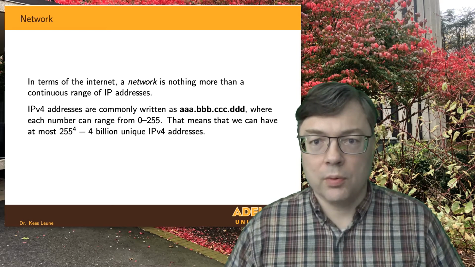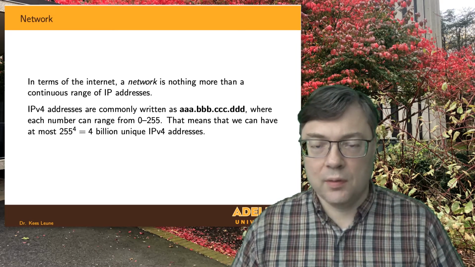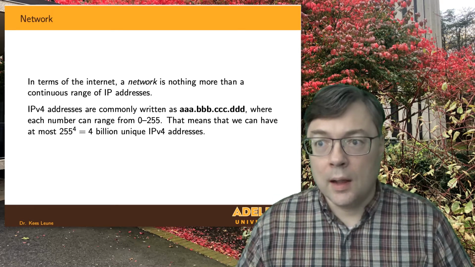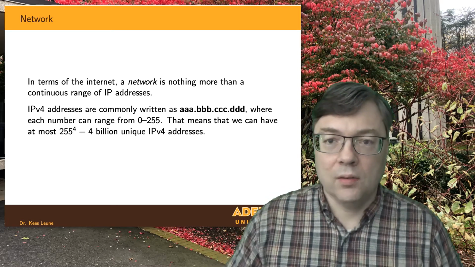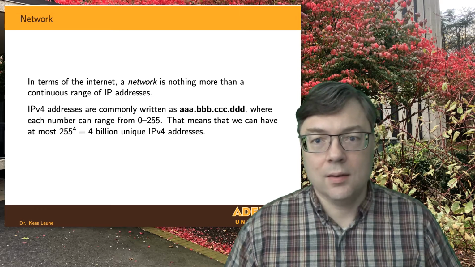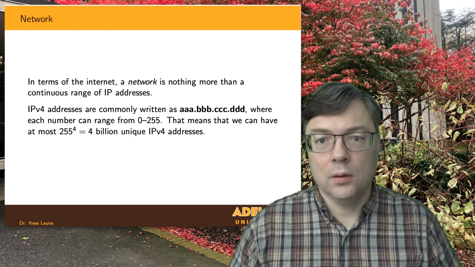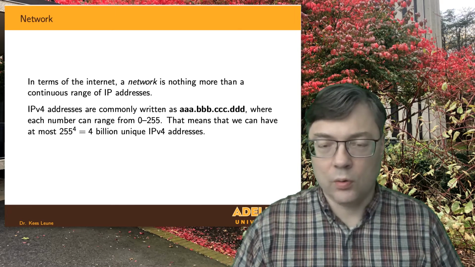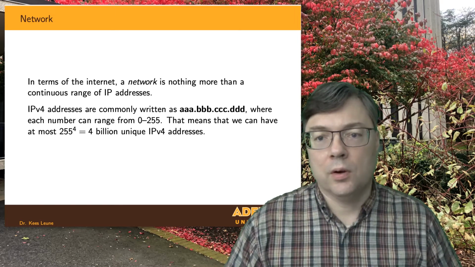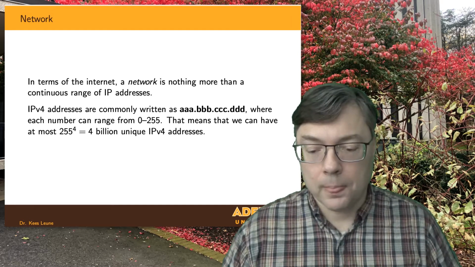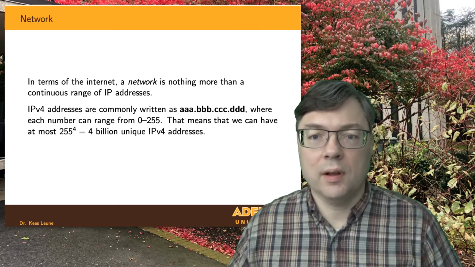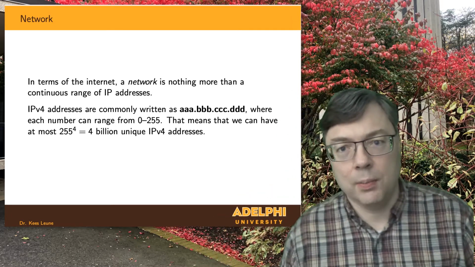Any of those 4 numbers fits between 0 and 255, and therefore it's valid. I could have an IP address, for example, 192.168.1.100. Again, all of those 4 numbers are in the range 0 through 255, and therefore these are potentially valid IP addresses.